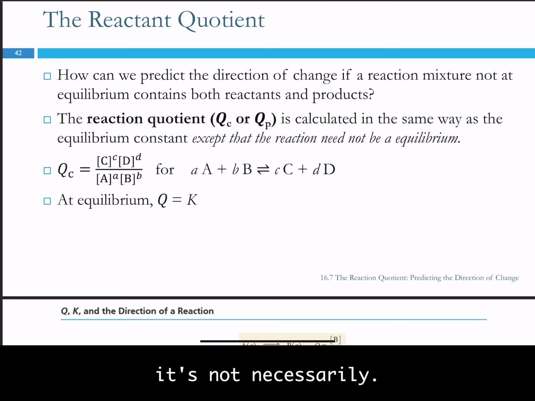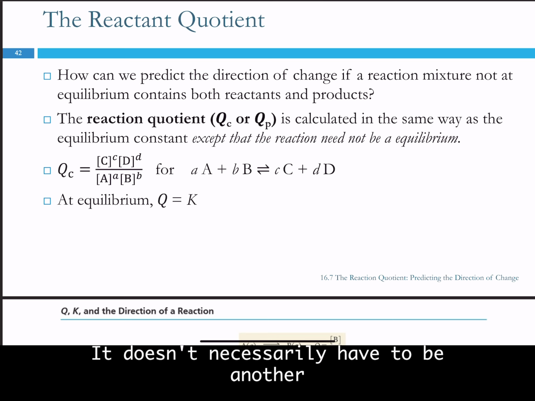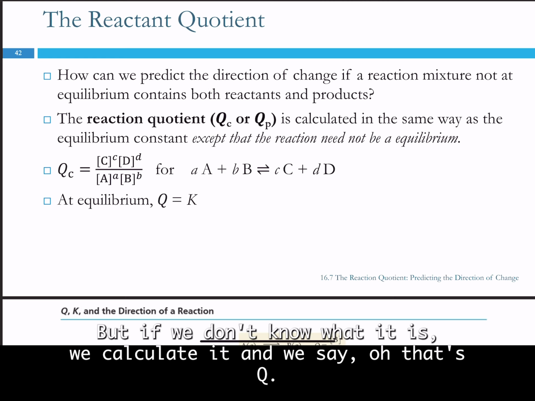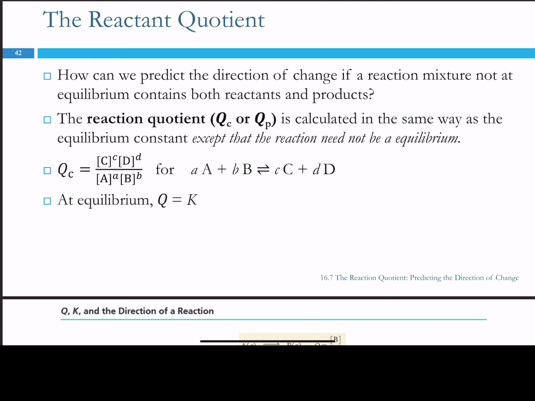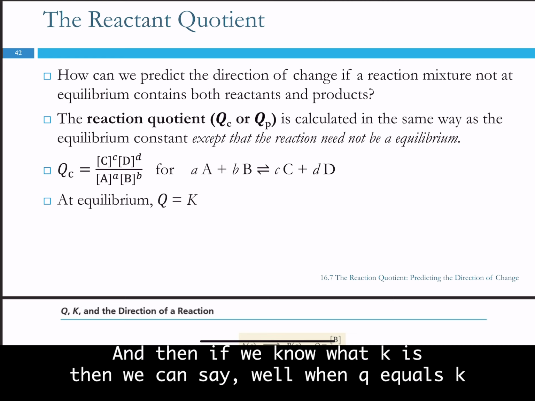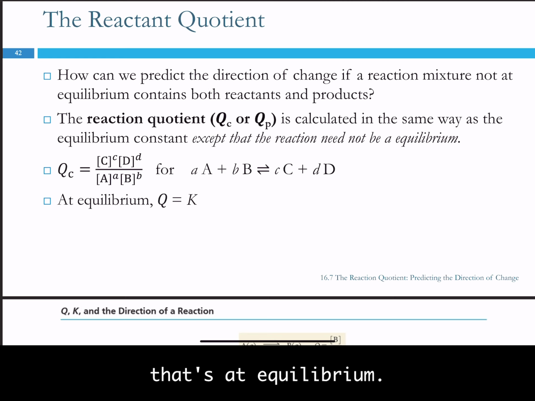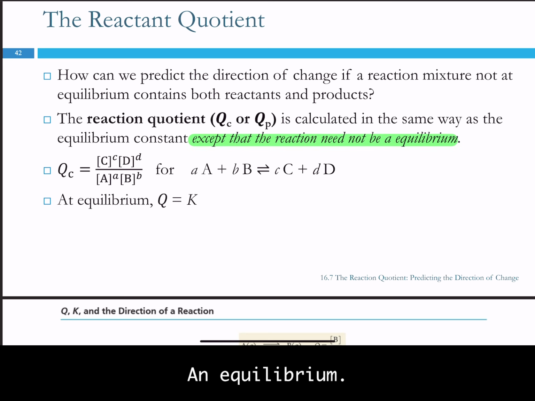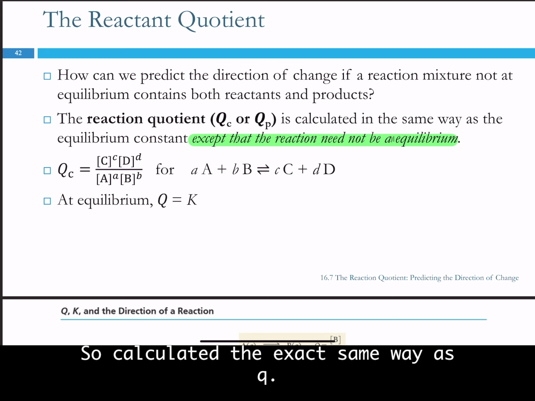It doesn't necessarily have to be another value other than K. It could be the same as K. But if we don't know what it is, we calculate it and we say, oh, that's Q. And then if we know what K is, then we can say, well, when Q equals K, that's at equilibrium. So that's this, except that the reaction need not be at an equilibrium. So it's calculated the exact same way as K.